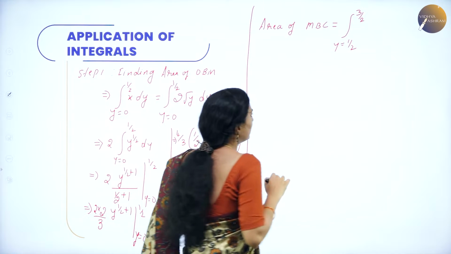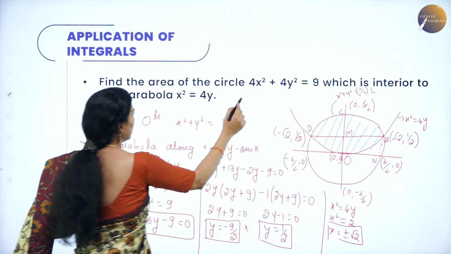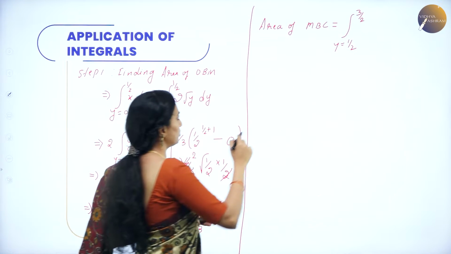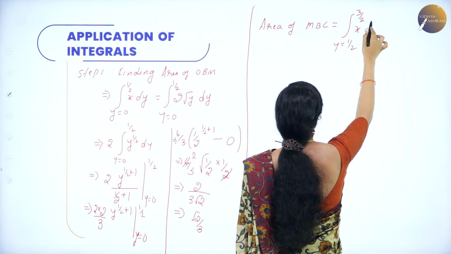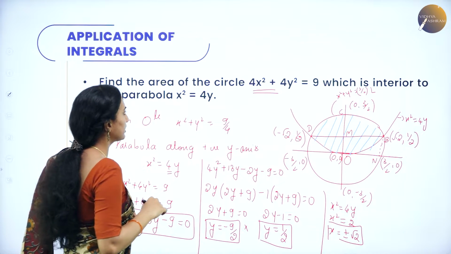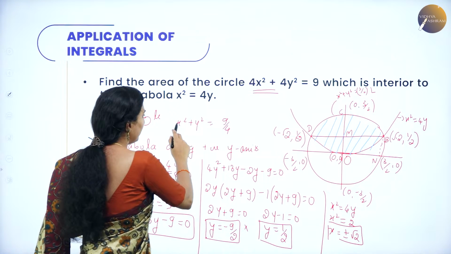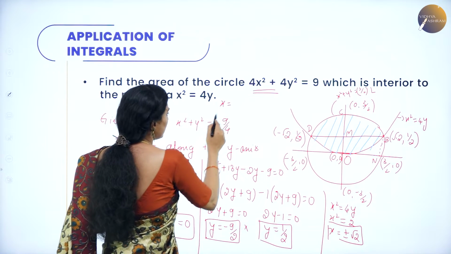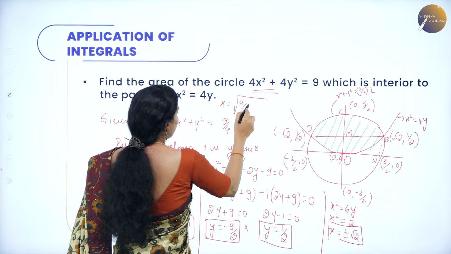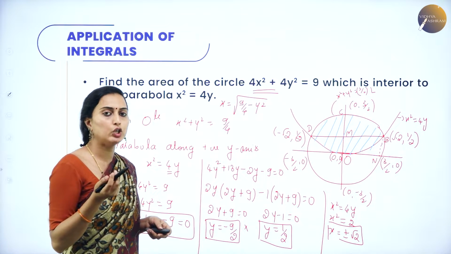So the area between the circle you can have. So what is the circle? The circle they have given like this. So I need to convert it as x into dy, correct, x into dy. So I need to convert for the x. If I convert for the x, I can write x is equal to, see here only, under the square root of 9 by 4 minus y squared, correct. 9 by 4 can be written as 3 by 2 whole squared.